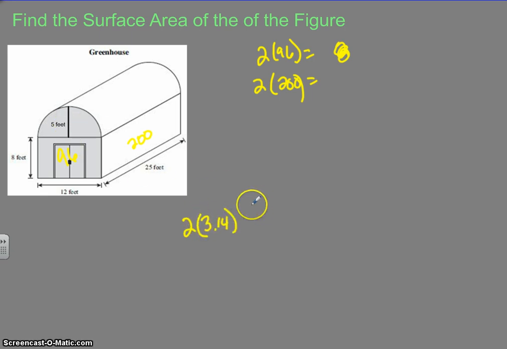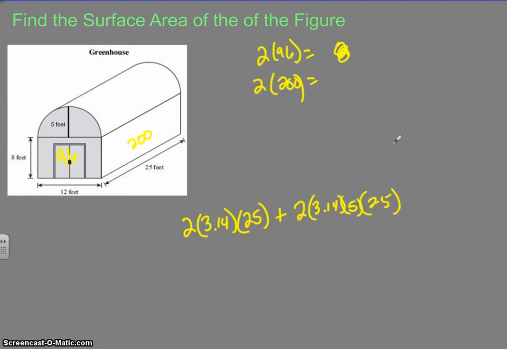R is the radius, which is 5. I'm going to go ahead and square it and make it 25. Plus the perimeter of the base, which is pi times the diameter, or 2 times pi times the radius. In this case, we have the radius, so we will have 2 times 3.14 times 5, and we'll multiply it by the height of the cylinder, which is this thing right here, which is 25.